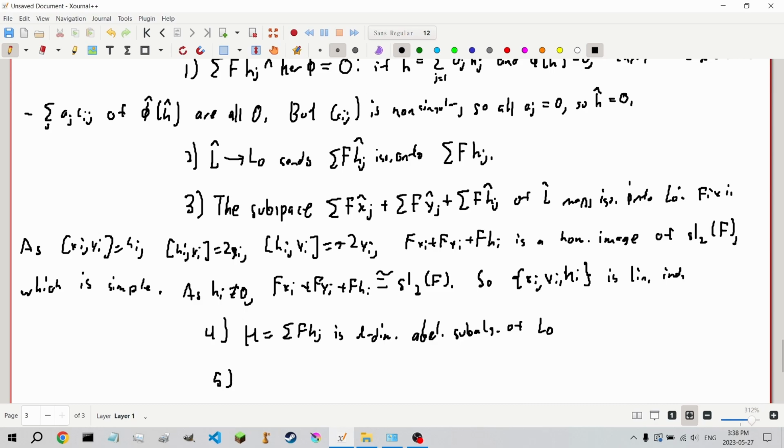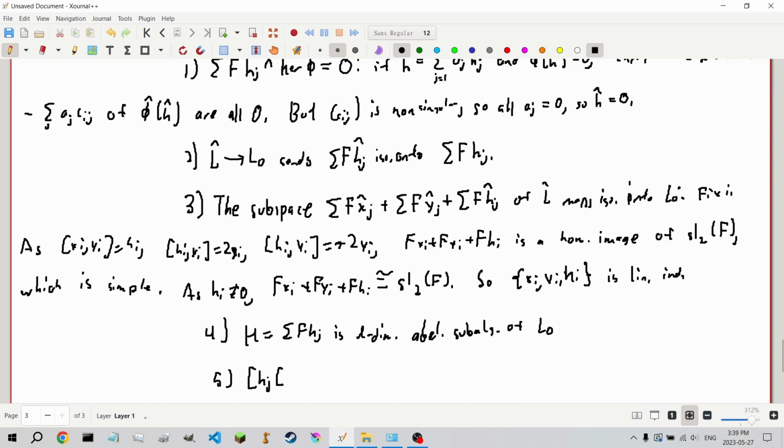Step 5. I'm just going to write it out properly.